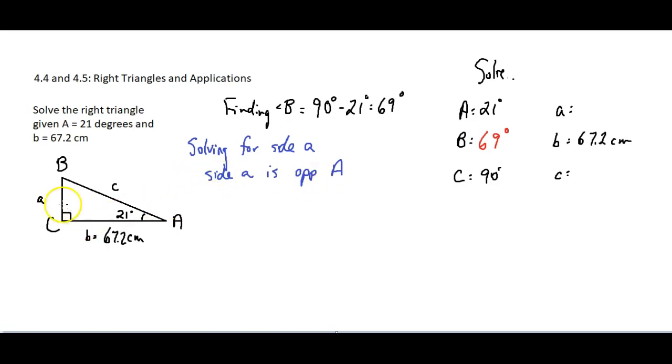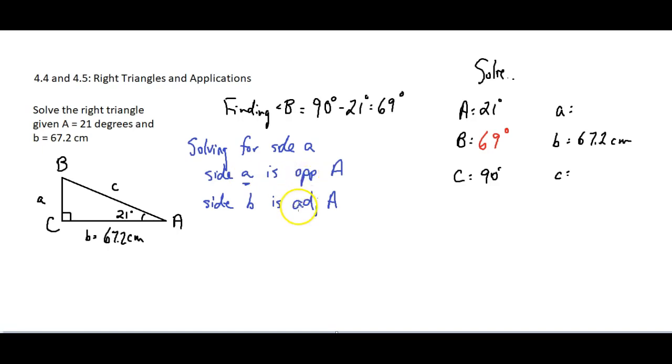And now we have to use a given side because we can only have one unknown. This will be our unknown. And side B is what with respect to angle A? So here's our side B. It is the adjacent to angle A. So we are going to use angle A and side B to find side A.